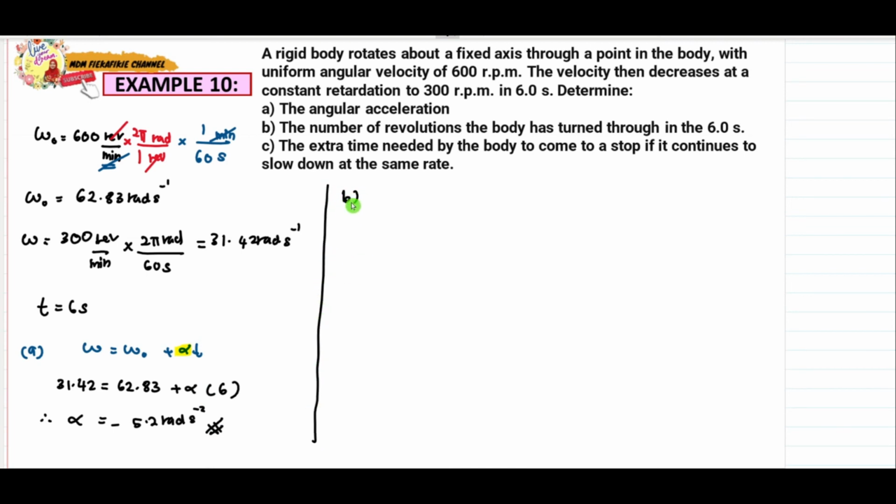And then B. So B, the number of revolutions the body has turned through in the 6 seconds. So kita nak kira theta. Tapi theta yang kita dapat nanti, unitnya mesti dalam radian. Tukarkan kepada revolution. Okay, so saya gunakan formula ini sajalah. Very simple.